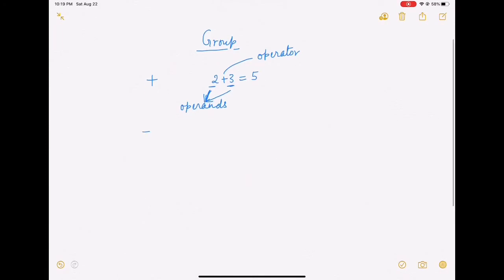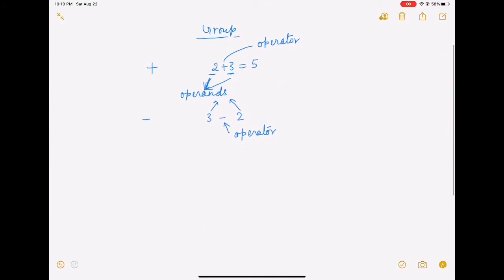Similarly, we take another operation, minus. Obviously, we need two operands again. Here 3 is an operand and 2 is an operand, and this minus is an operator. Another operation that you know is the negative sign.